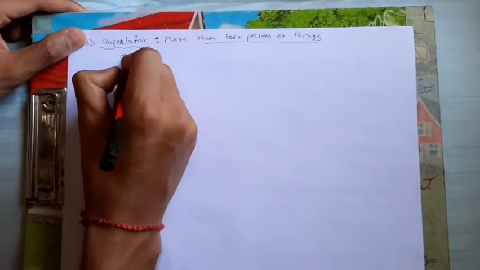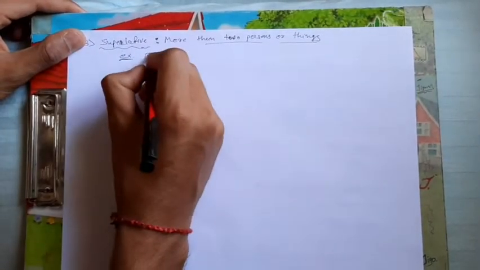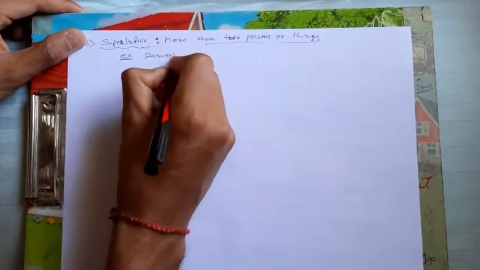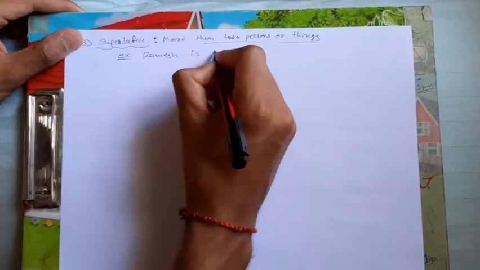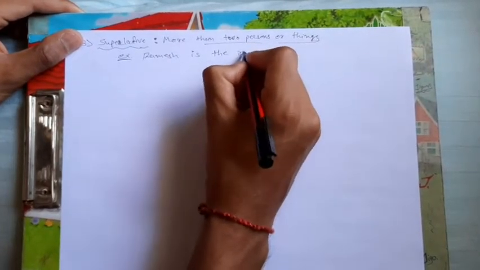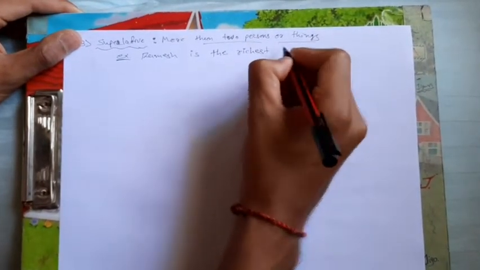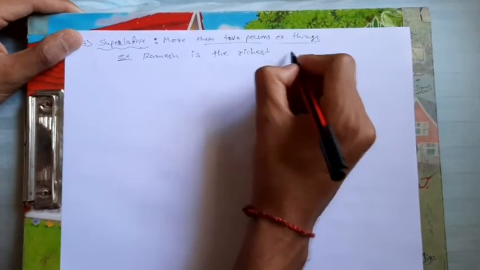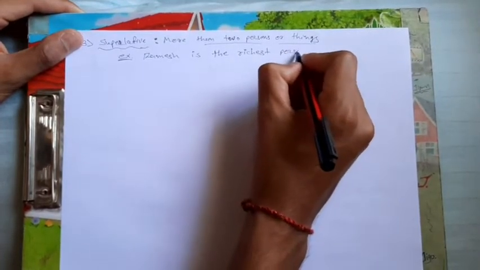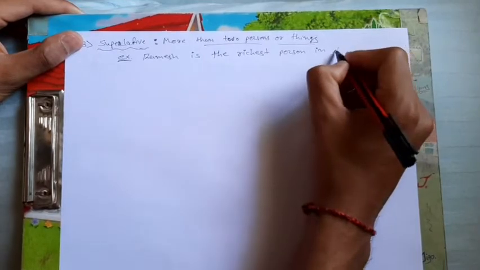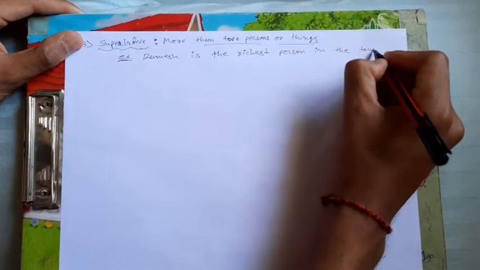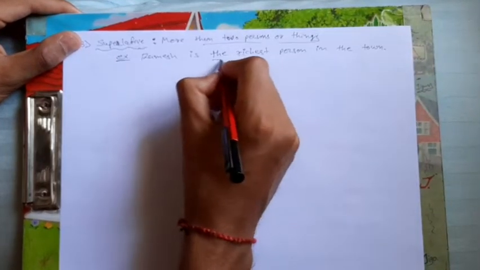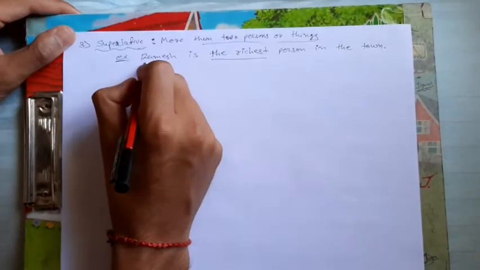For example, Ramesh is the richest person in the town. Here we are talking about Ramesh.